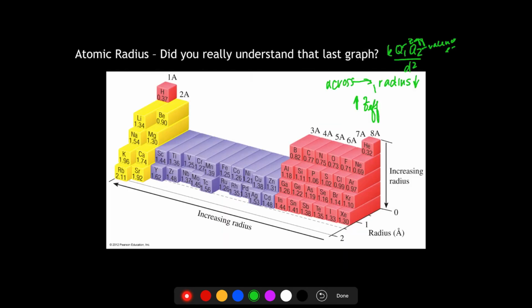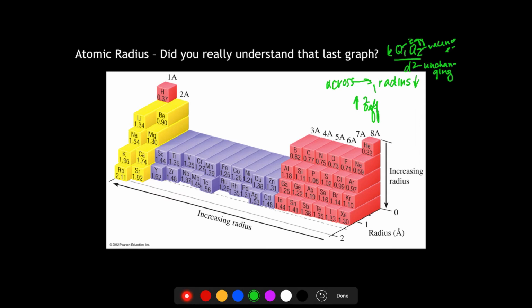Obviously there are exceptions, but approximately the same distance, which means that this is unchanging as we go across a period. So going across the period, distance does not change appreciably because we're adding electrons to the same shell, but Z effective increases and the number of valence electrons increases, which means that the force of attraction increases based on Coulomb's law.